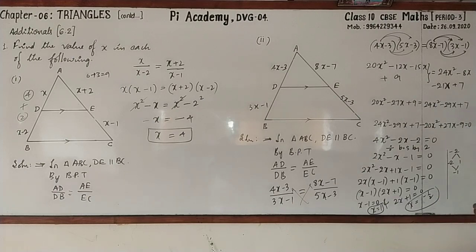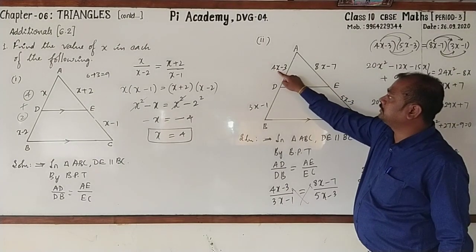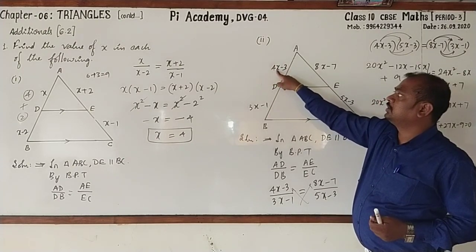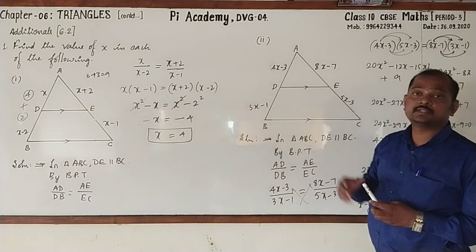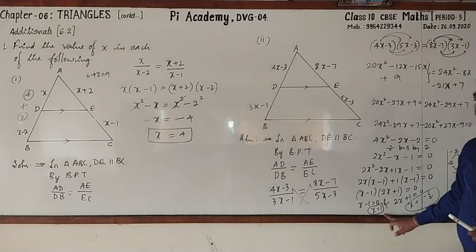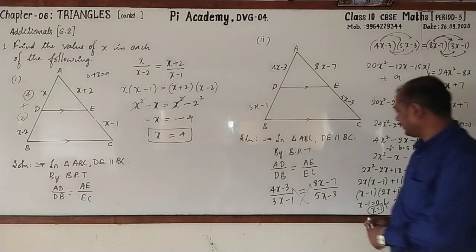But which one should be taken? If you go for taking minus 1 by 2, then 2 twos are 4, it is minus 2, minus 2 minus 3, minus 5. Is it possible to take the side as negative? No. Hence we must take x equal to 1. Here only I write that.